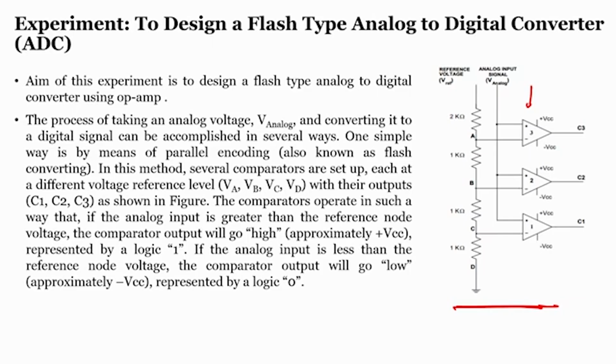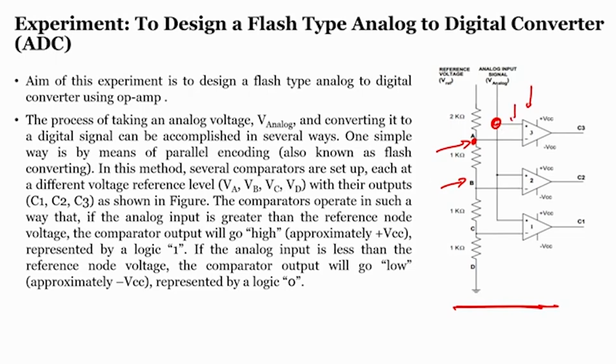In this method several comparators are set up, with different voltage reference levels VA, VB, VC, VD, which you can see here, and the comparators operate in such a way that if the analog input voltage is greater than the reference node voltage, the comparator output will go high.